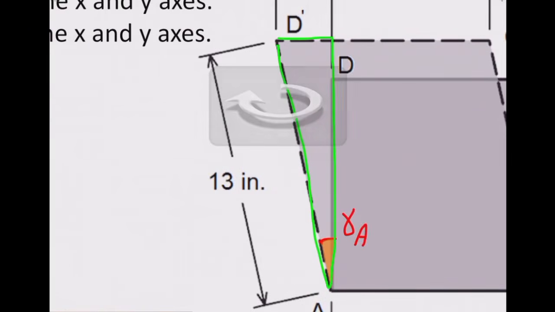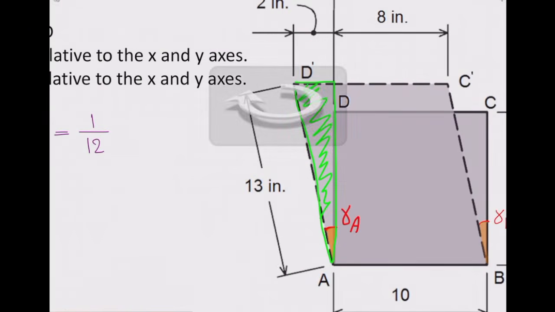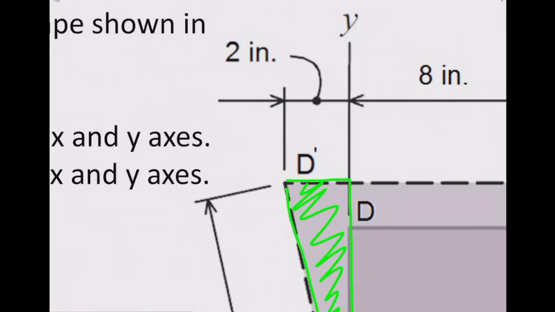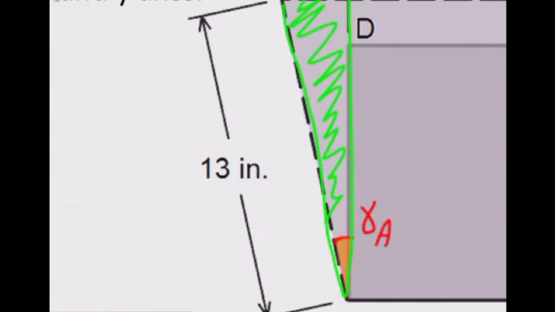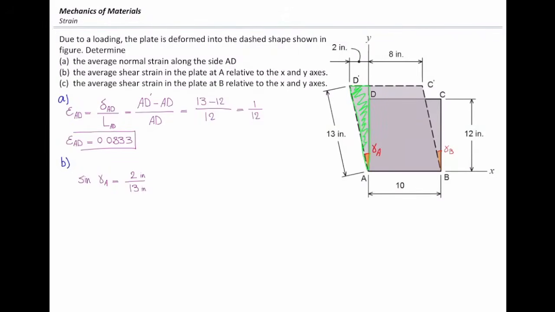In this triangle, sine of gamma A is equal to 2 inch divided by 13 inch. And we can determine gamma A as inverse sine of 2 over 13, which would be equal to 0.1545 radian.